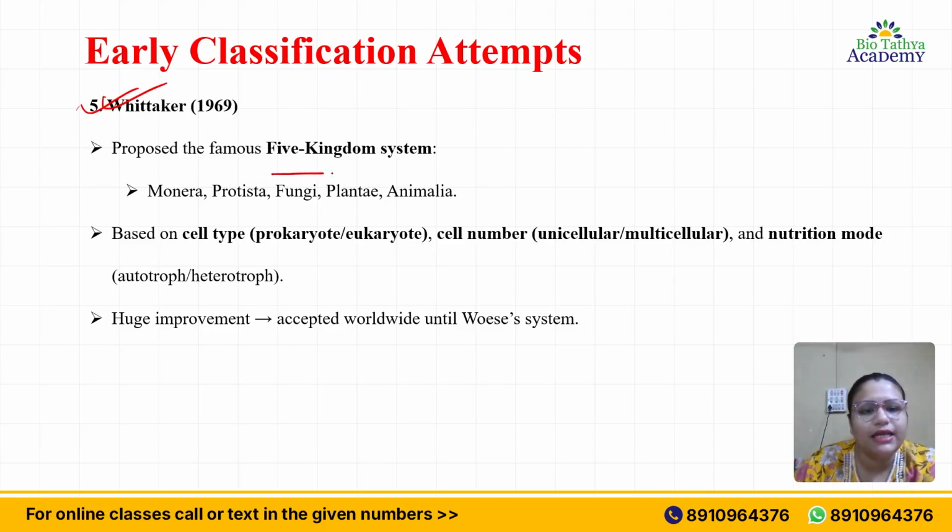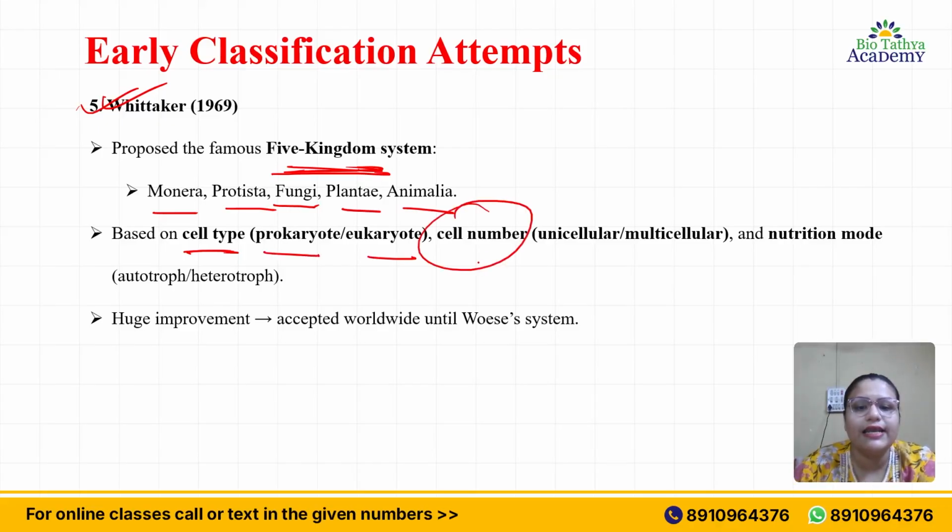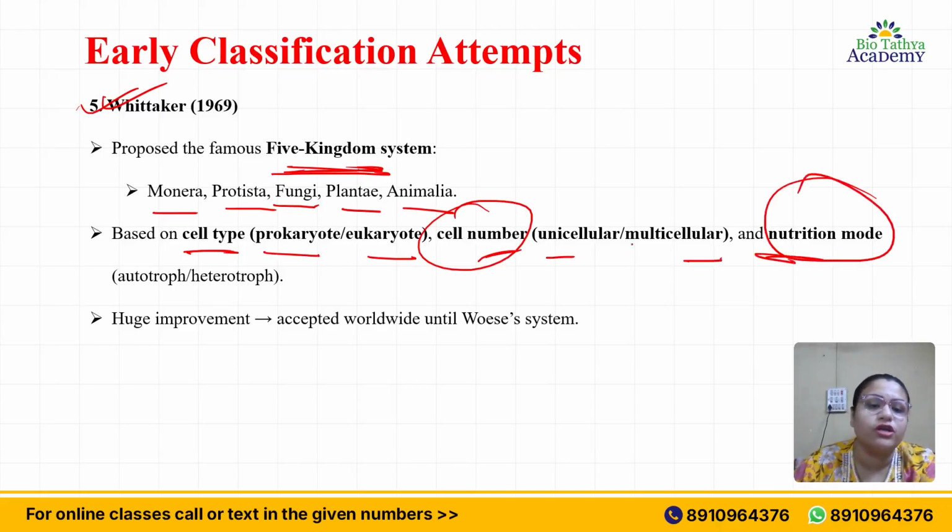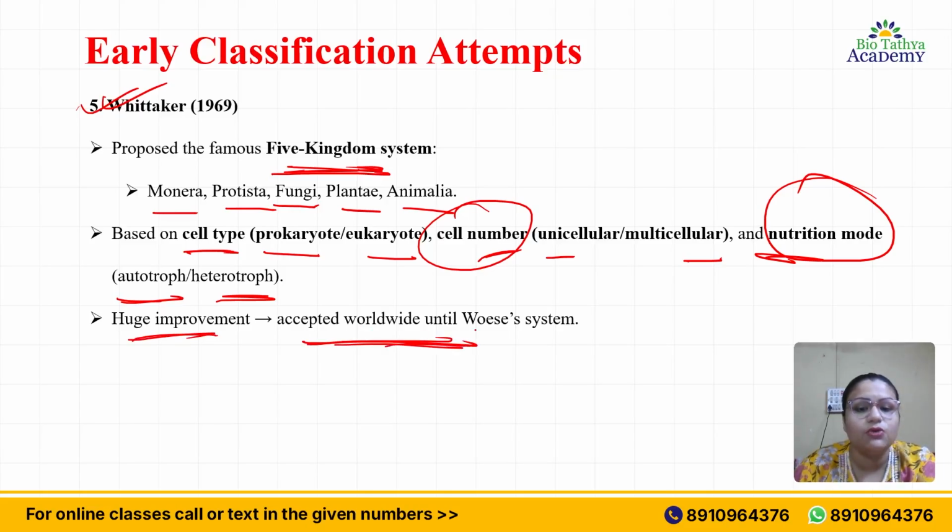He introduced the famous 5-kingdom system: Monera, Protista, Fungi, Plantae, Animalia. It was based on cell type, prokaryotic or eukaryotic, cell number, unicellular or multicellular, and mode of nutrition, autotrophic or heterotrophic. It was a huge improvement, accepted worldwide until Woese's system came into play.